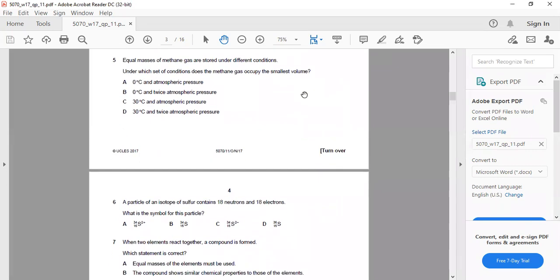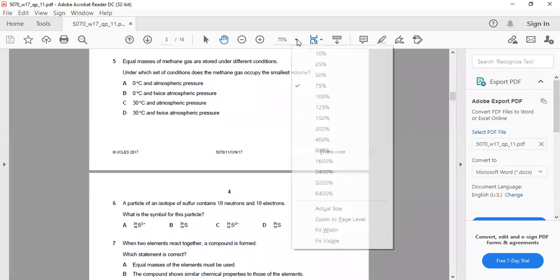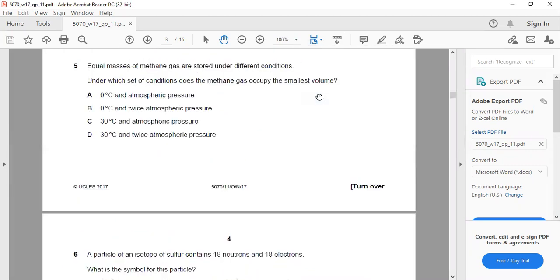Question number 5: equal masses of methane gas, CH4, are stored. Under which set of conditions does the methane occupy the smallest volume? You are given temperature and you are given pressure.